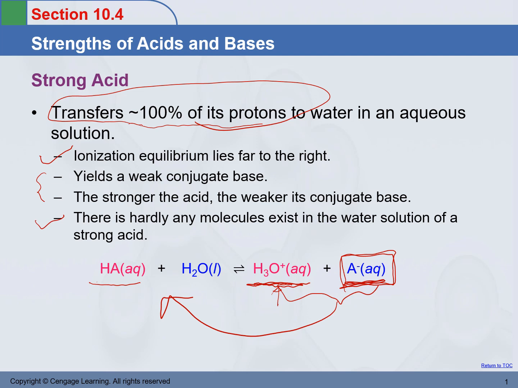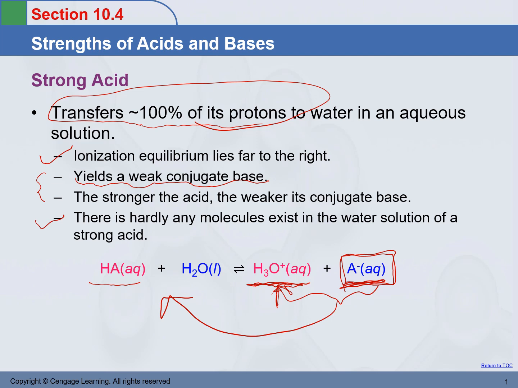With all the protons from hydronium ions around it, it doesn't take them, which means this base is weak. Does that make sense to you? So a strong acid always yields a weak conjugate base.